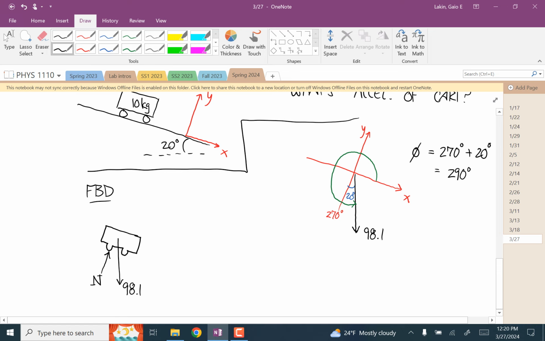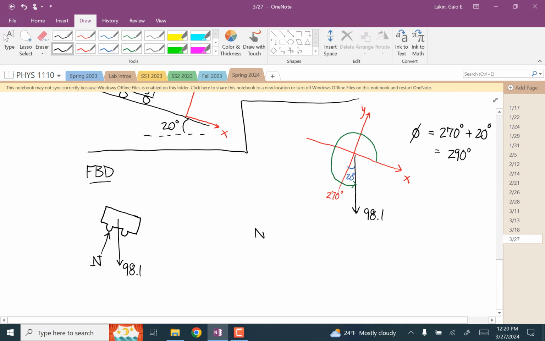There's no other forces acting on it, so now I can write out Newton's second law. 0, negative 98.1.